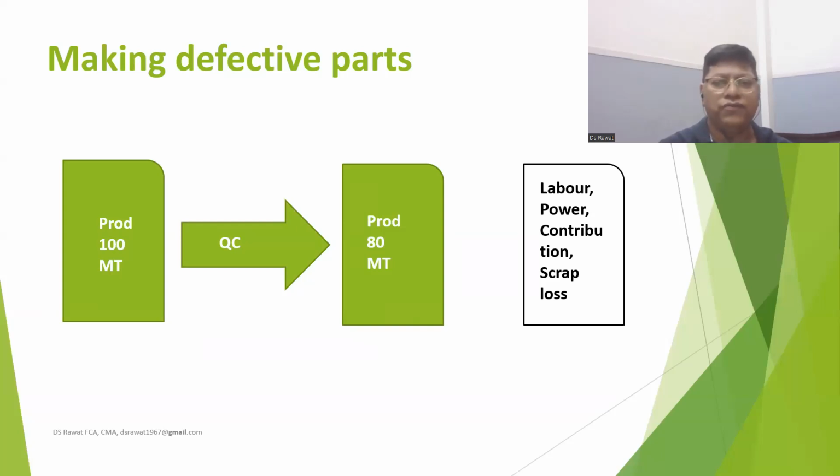And if full cost of waste is not computed, then we take inappropriate decisions. We give the example, production is 100 metric ton per day, and after QC, it is only 80 metric ton per day.